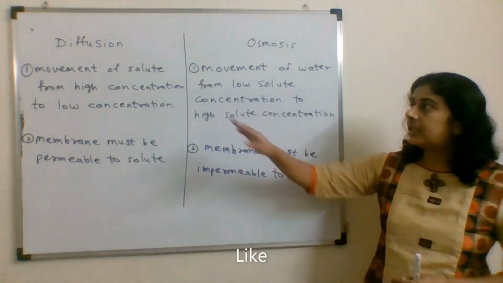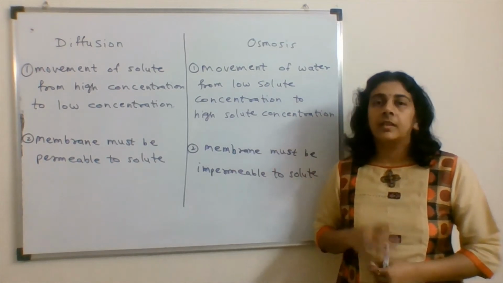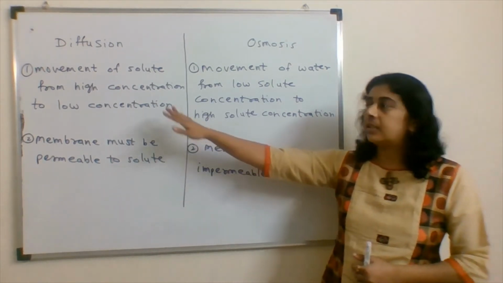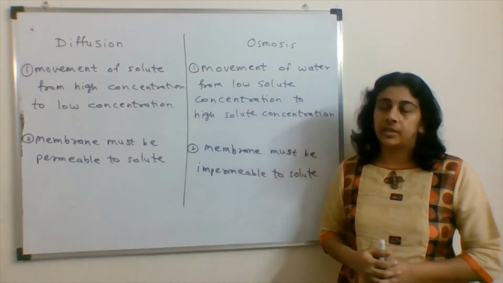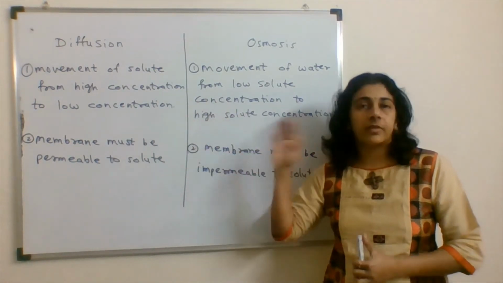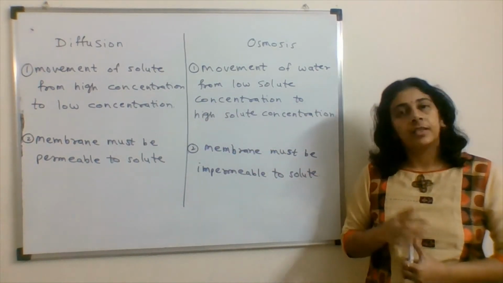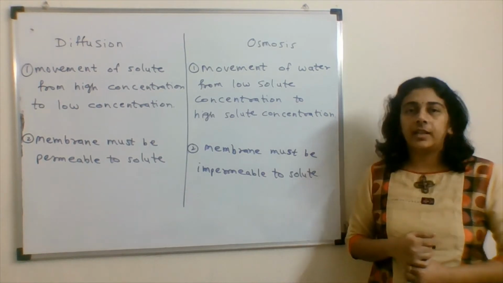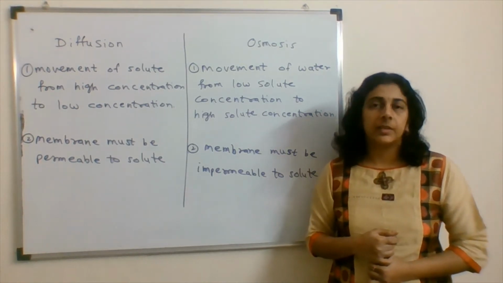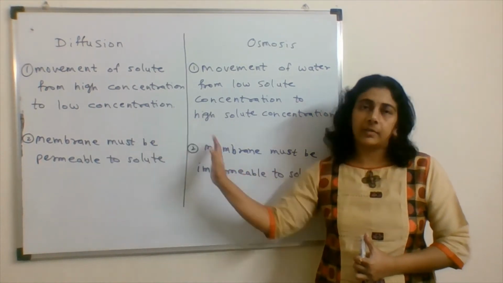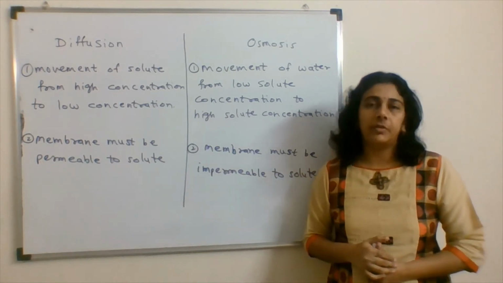Now, knowing about diffusion and osmosis, see what happens in diffusion. There is a movement of solute from high concentration to low concentration, that is again along the electrochemical gradient. So both of these come under passive transport.